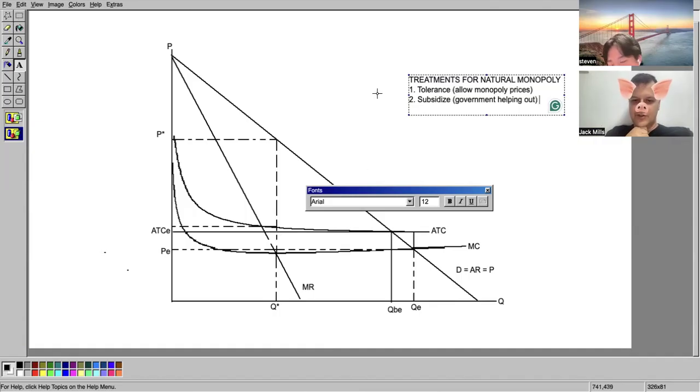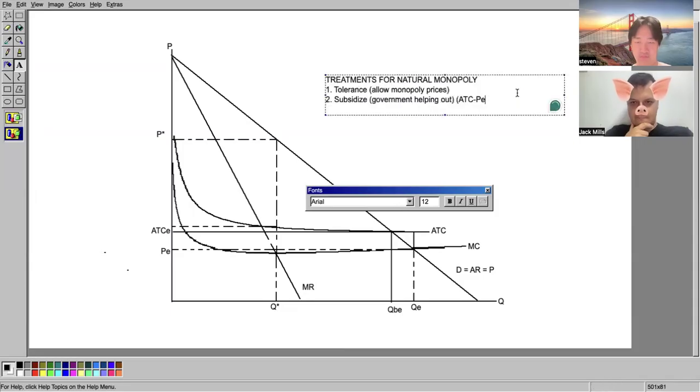PE, the efficient price. Just type it. ATC minus PE, close bracket, times QE. That area, right?